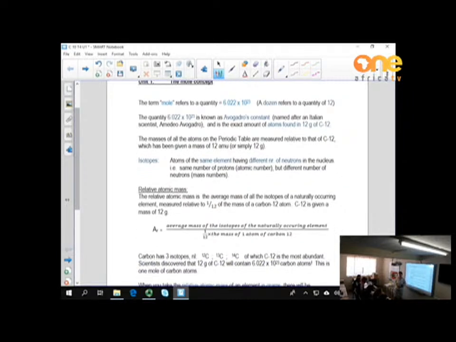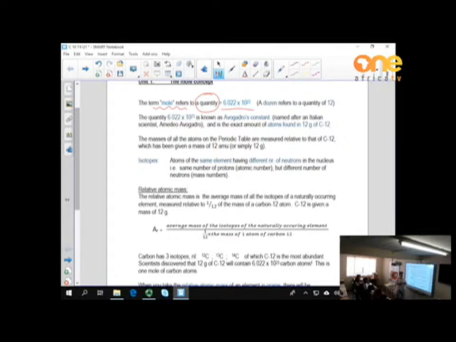Now, the first thing, we refer to a quantity as a mole. M-O-L-E. Not a little animal that lives below the ground and eats all the roots. Okay? A mole is a quantity. It's an amount. It's just a very large amount. 6,022 times 10 to the power 23.